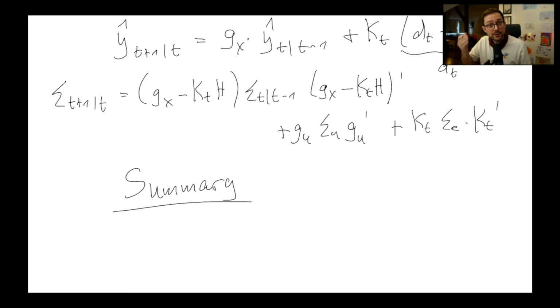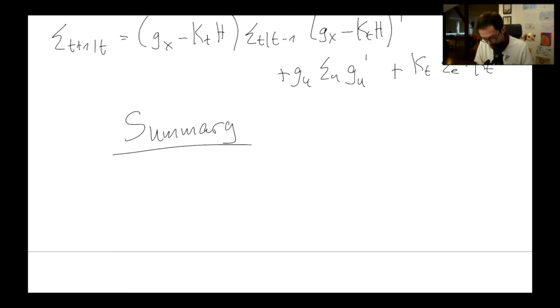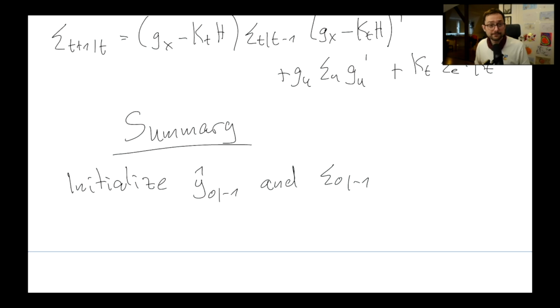And we do this recursively. So we initialize y hat 0 given minus 1 and sigma 0 given minus 1. A good and convenient choice is to initialize at the unconditional distribution of your model. Since y is in deviation from steady state, this is a vector of zeros, and the covariance is the solution to the Lyapunov equation for the state transition equation.